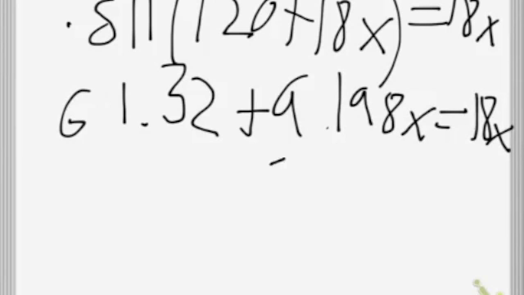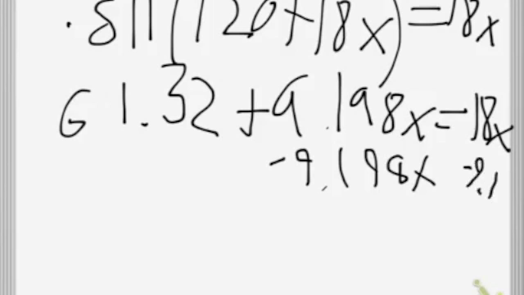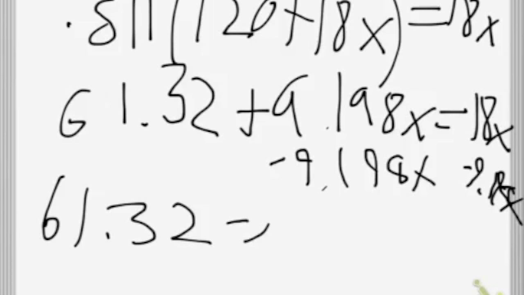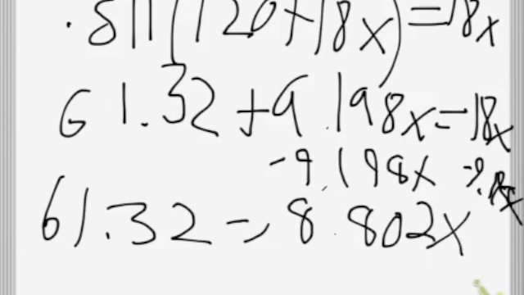And now we have to get both x's on one side. So we subtract 9.198x from both sides to get 61.32 equals 8.802x.